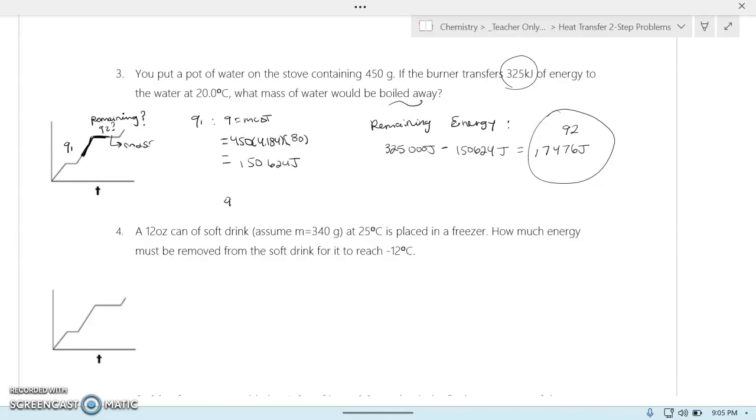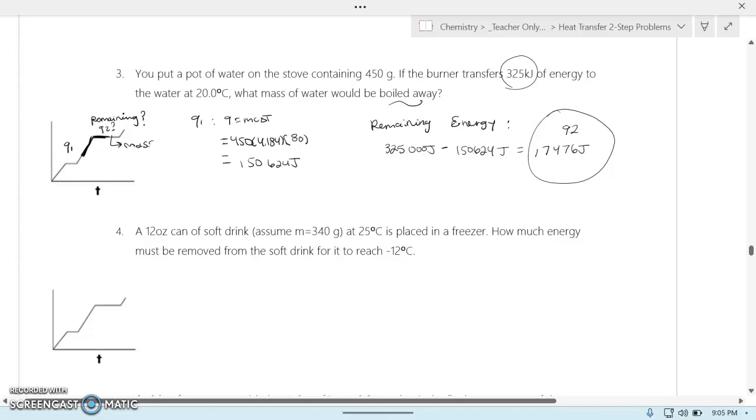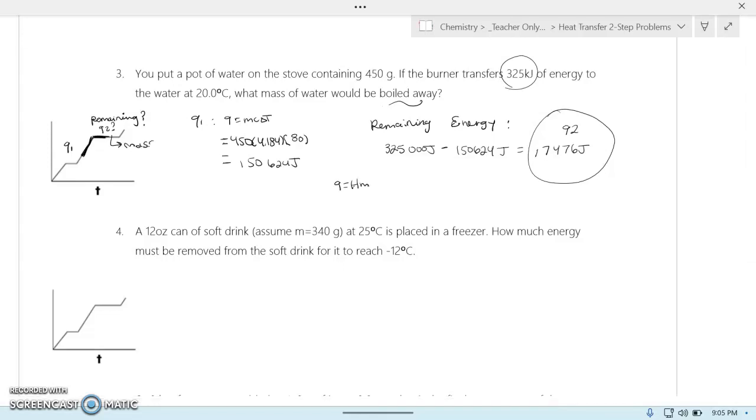Okay, so this section is Q equals HM with heat of vaporization. So let's solve for M, plugging in Q and H. So we've got Q equals H M. If we divide those, we will get M equals 77 grams.